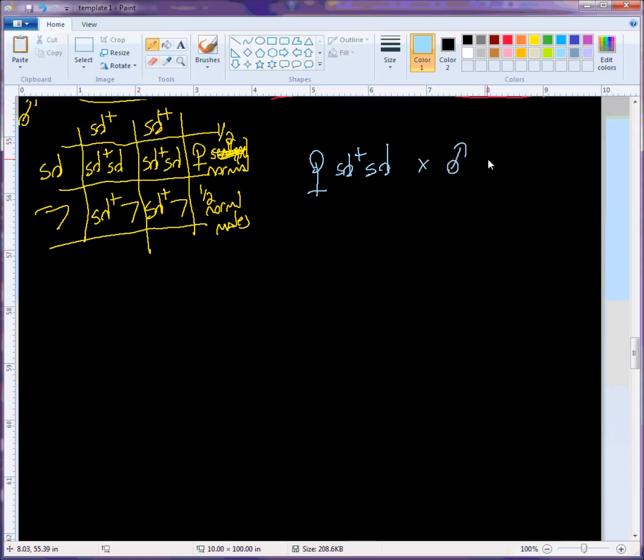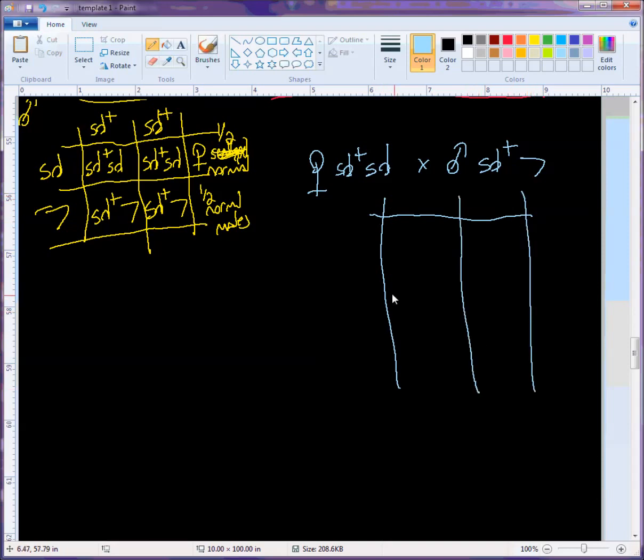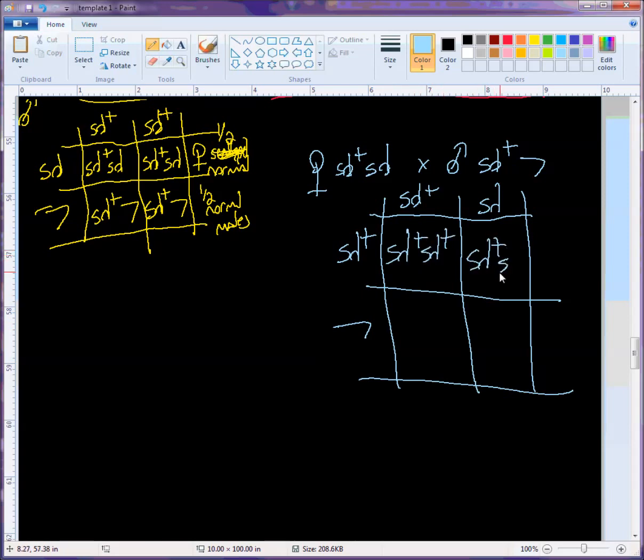And the males are all normal, hemizygous for the normal allele. And they have a Y chromosome, of course. So let's fill out the Punnett square. SD plus, SD for the females, and SD plus Y chromosome for the males. SD plus, SD plus, SD plus, SD, SD plus Y chromosome, SD Y chromosome.